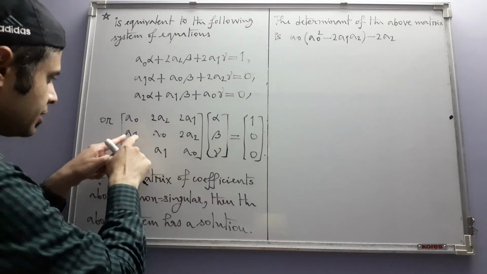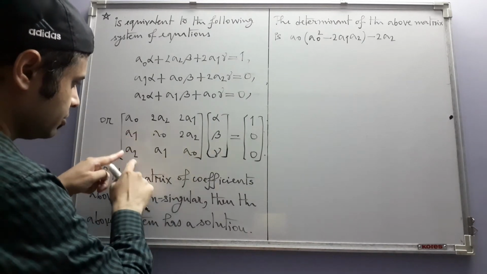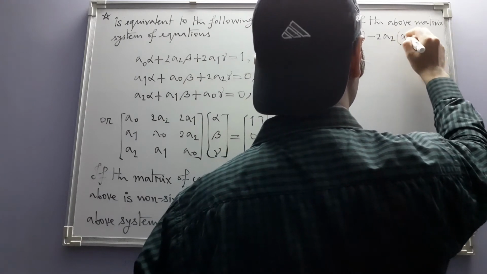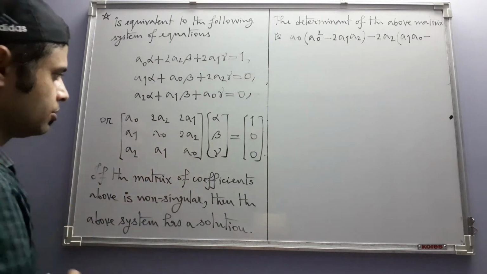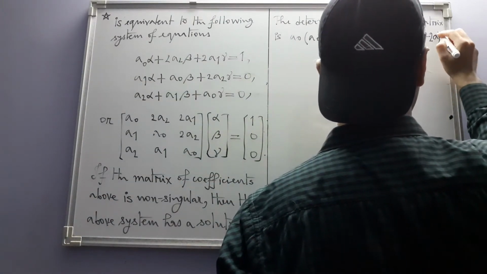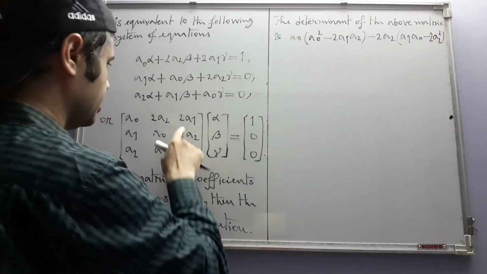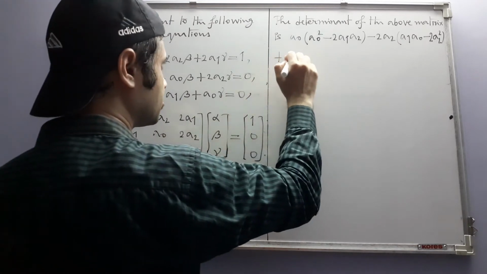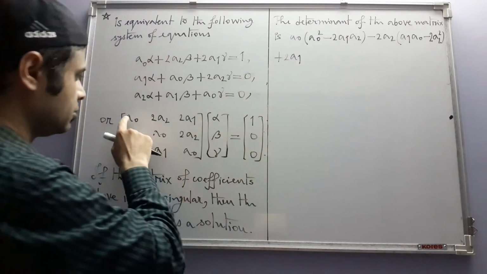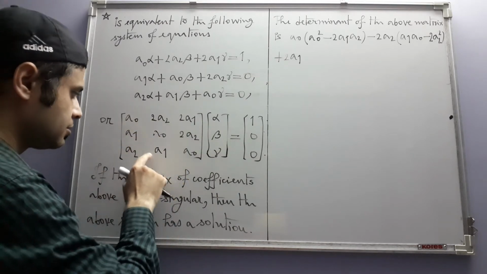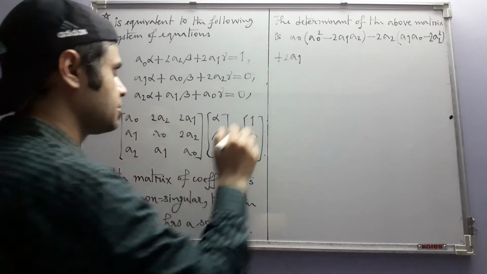So the determinant of that matrix, that is A1 2A2 A2 A naught, is A1 A naught minus 2A2 square. Then plus this one. This element is 2A1. So you remove this row and this column, so you are left with this submatrix. Its determinant is A1 square minus A naught A2.